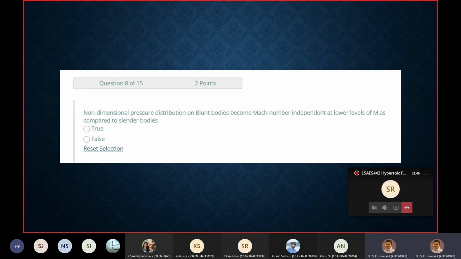That's why the independence of pressure distribution from Mach number is observed earlier for blunt bodies than for slender bodies. So it's an experimentally verified conclusion, which means the statement is true. So true is the correct answer.